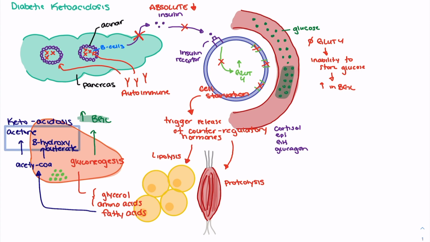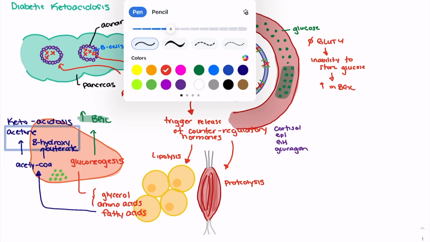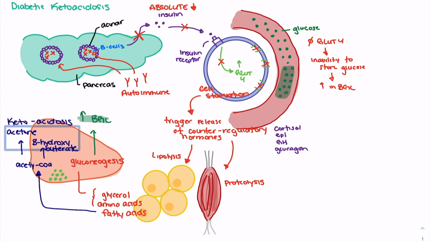The other thing that you start to see as the result of counter-regulatory hormone release is that the glycogen found in the liver is going to be broken down. So these green stores over here are glycogen, and what you get is glycogenolysis, or basically the breakdown of glycogen.